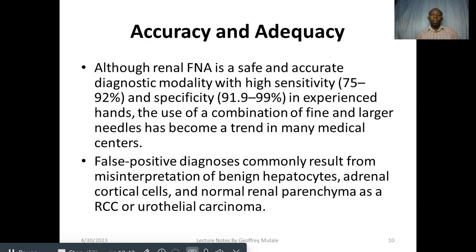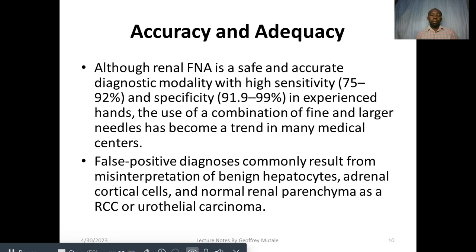So let's look at the accuracy and the adequacy. In this case, we state that although renal FNA is a safe and accurate diagnostic modality with a high sensitivity of about 75 to 92% and specificity of 91.9 to 99% in experienced hands, the use of a combination of a fine and large needle has become a trend in many medical centers.